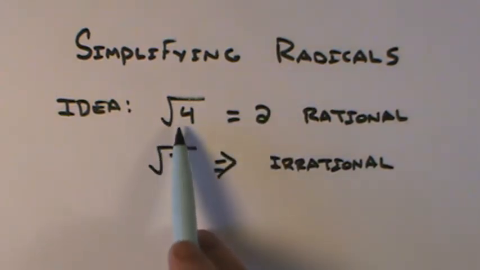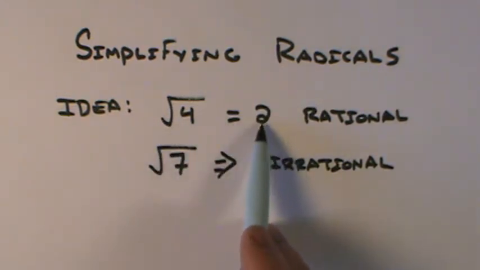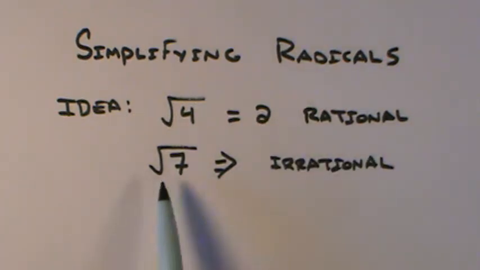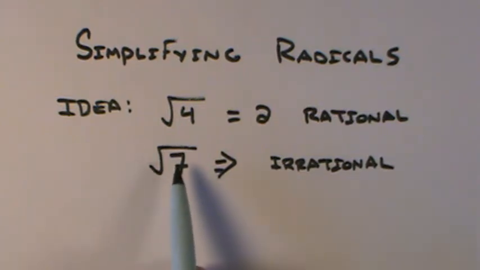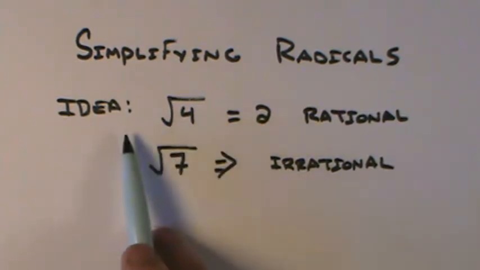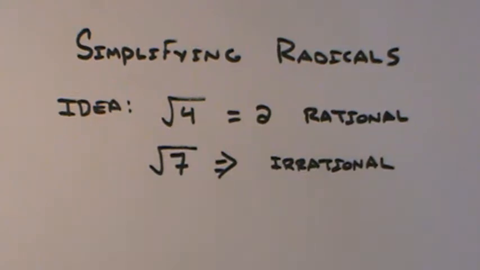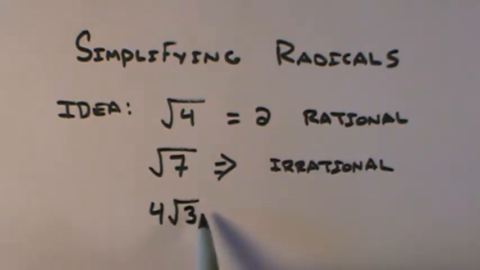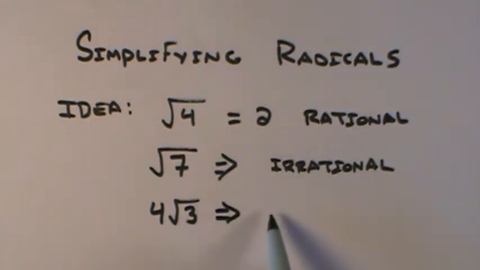If I did the square root of 25, I get 5, which would be considered a rational number. If I did square root 23, which is a radical that doesn't break down to where you lose your radical, it's considered an irrational number. If I have something that's blended, like 4 square root 3, also known as 4 rad 3, that would be considered irrational.